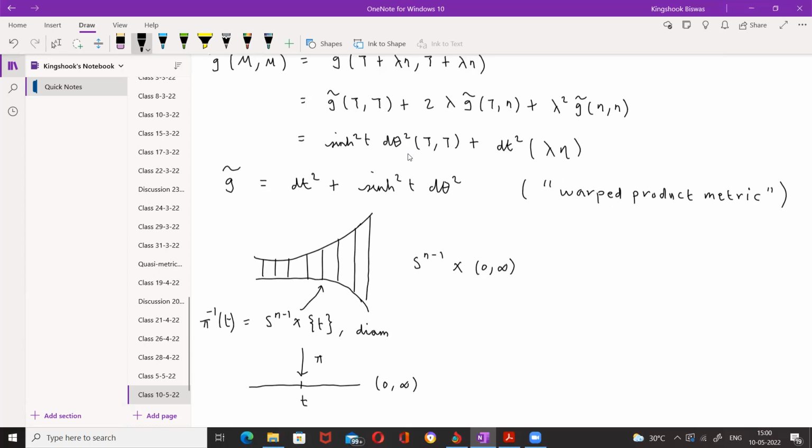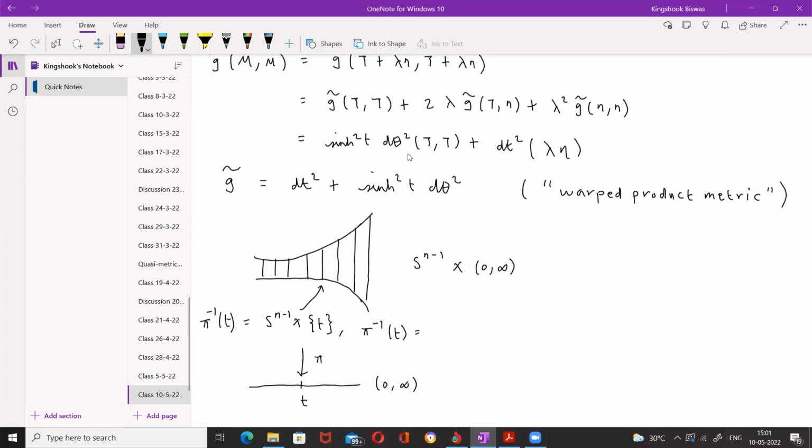Yes. And the fibers are growing exponentially. I'm multiplying the metric by sinh squared t. That means I'm multiplying the spherical metric, the norm, by sinh t. So distances get multiplied by sinh t. Therefore π inverse of t is basically a sphere of radius sinh t.